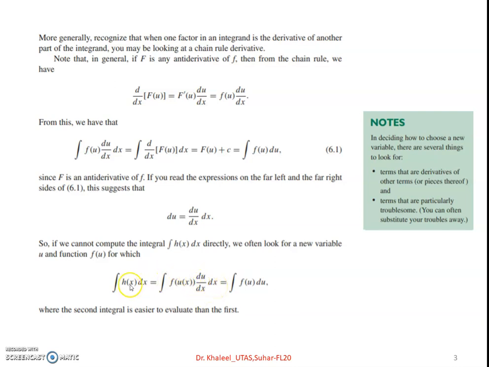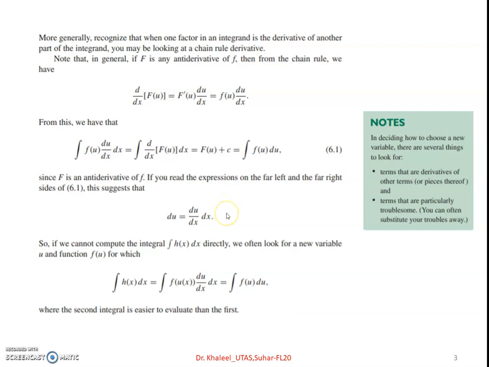That means I convert this function, which cannot be integrated directly, into f of u du, which is in u. So the integral of h of x dx, which is in x, is converted into an integral in u, which can be integrated very easily by doing some substitution. That is why this method is called the method of substitution.